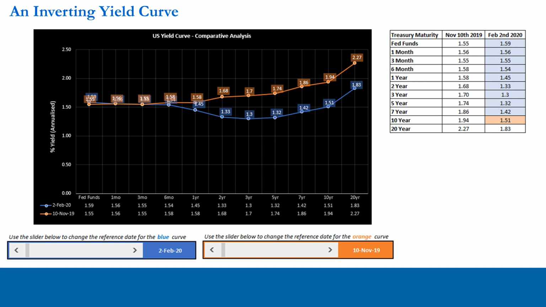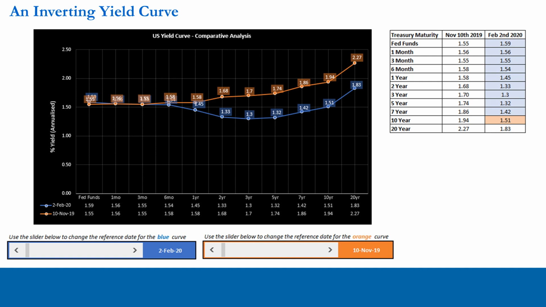So on a relative basis, longer-term yields have gone lower because of buying in the market of long-term bonds. So what's the market telling you here? Well, the market is telling you that between November 10th, 2019 and February 2nd, 2020, there was a preference in the market to buy long-term bonds, okay?